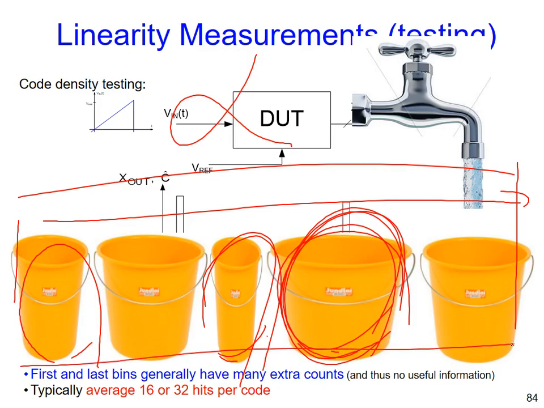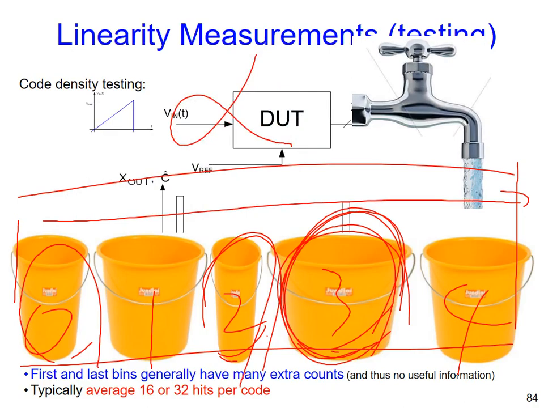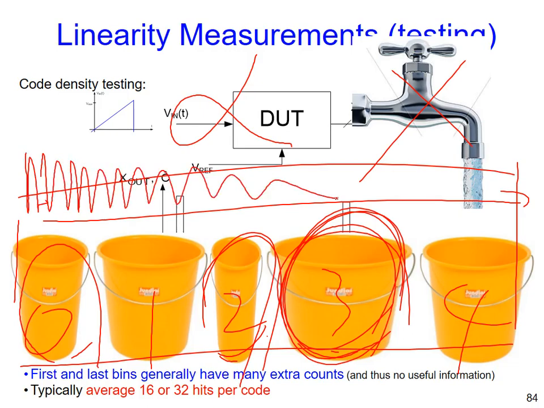So here, for 0 and 1 and 2 and 3 and 4, just like water spreading from the left to the right, from the minimum to the maximum. It needs to be very slow, from the left to the right.